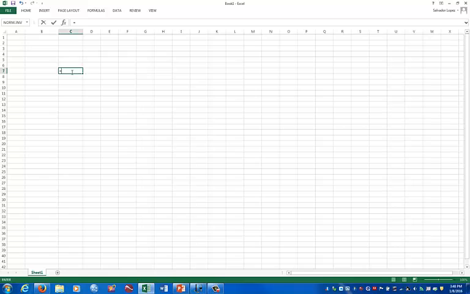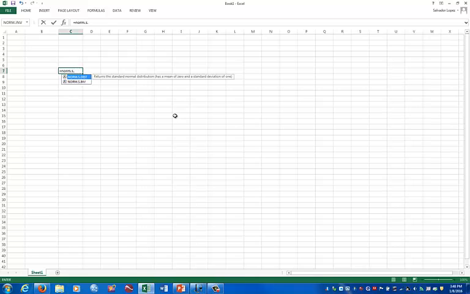Now in Excel, the command that you can use to find the Z value given a specific probability is norm.s.inv, for inverse. Remember, we used dist before. That is to find a probability given a z-value.